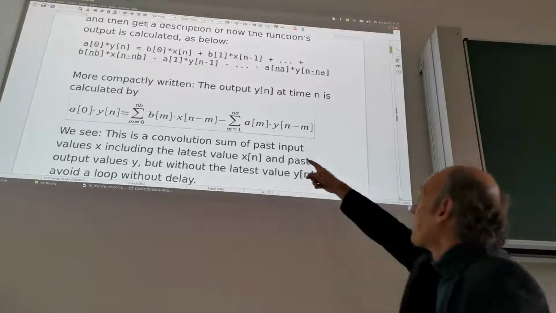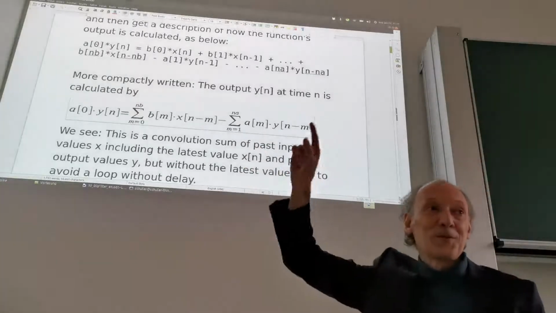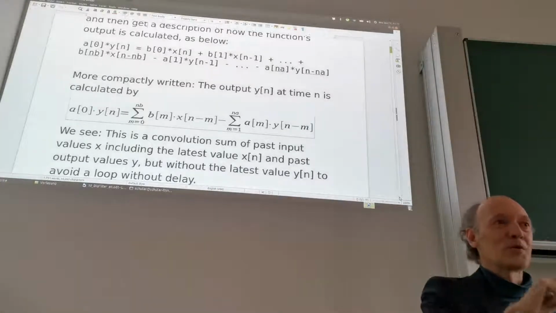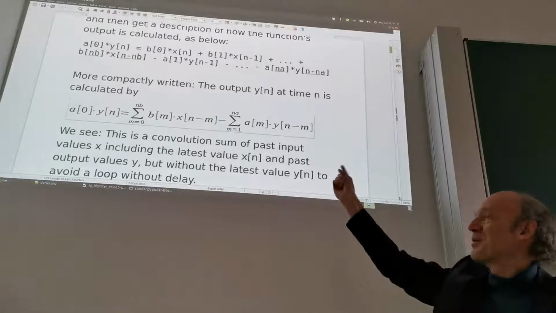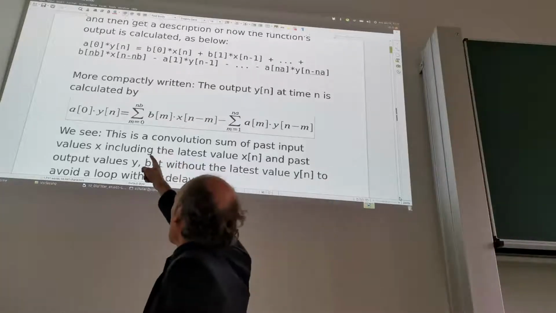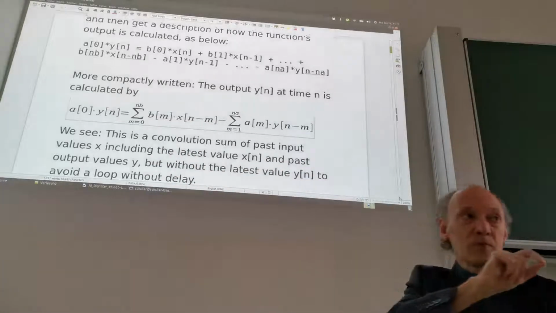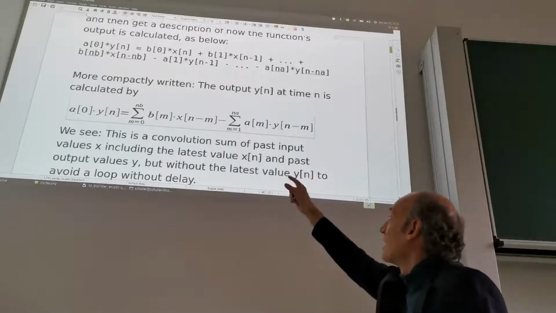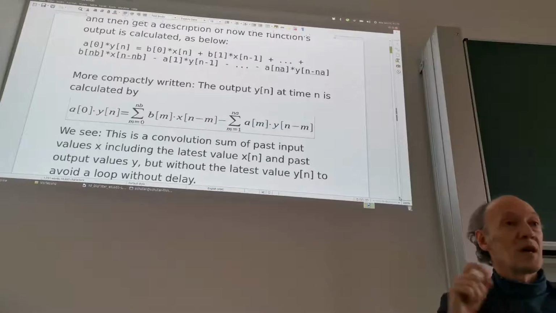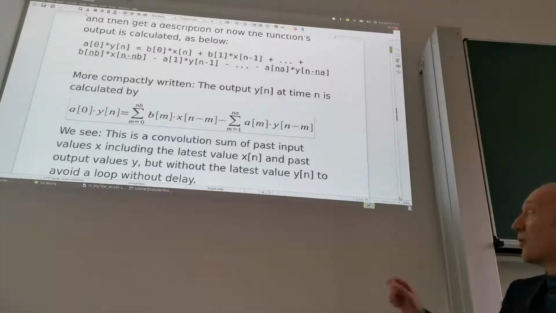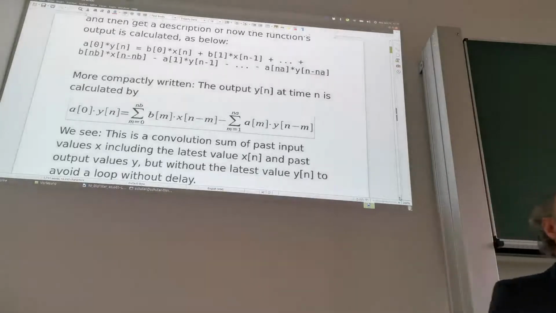But now this sum starts at 1, so that we don't have the current output sample, because the current output sample is what we want to calculate with this sum, so we cannot have it as an input here. Otherwise we're in trouble. So the first sum starts at 0, so that we also have the current input sample, which is available. But the second sum starts at m equals 1, which is the output sample 1 in the past and then earlier ones, which we also have available in our memory.